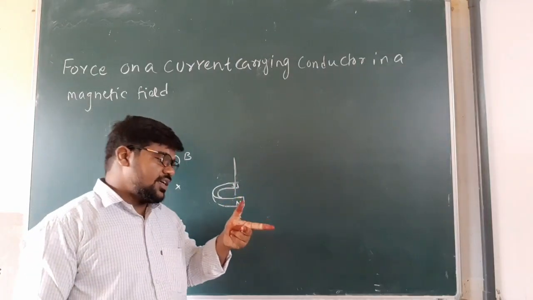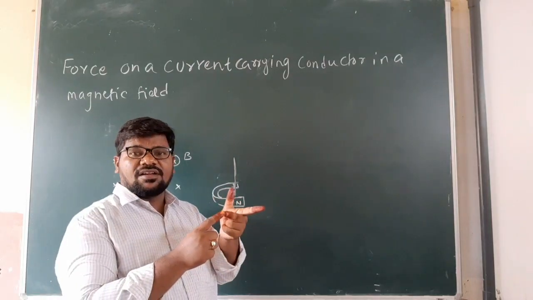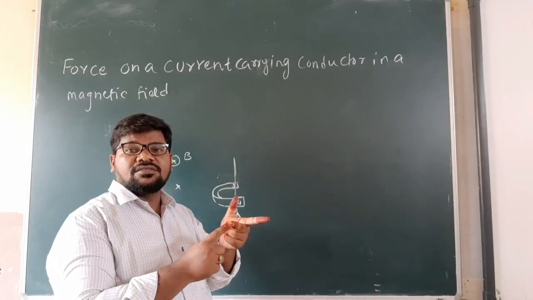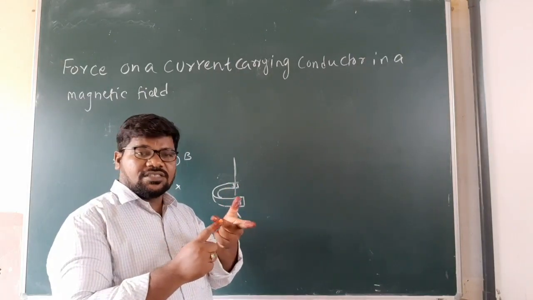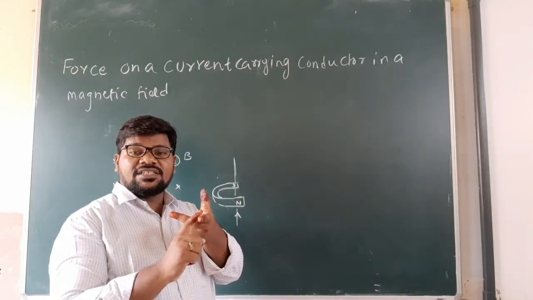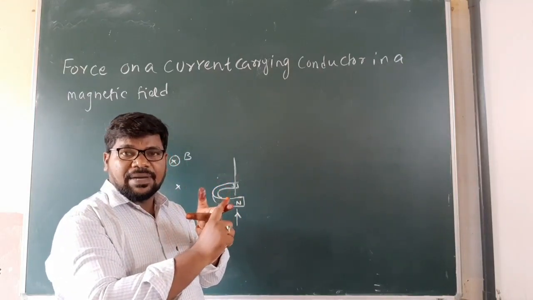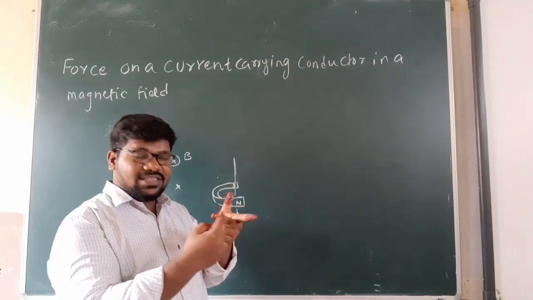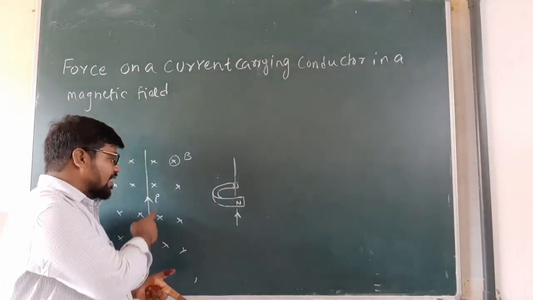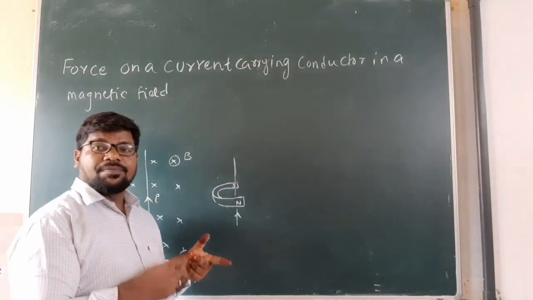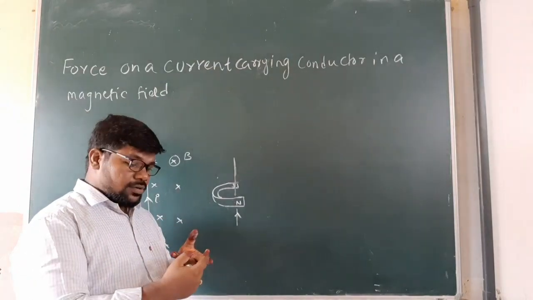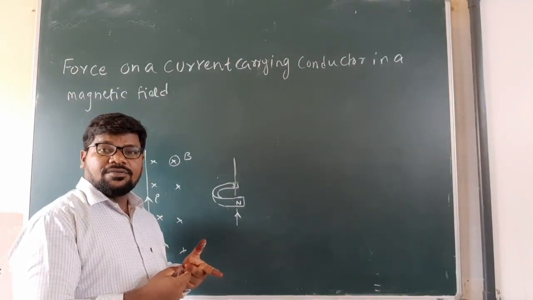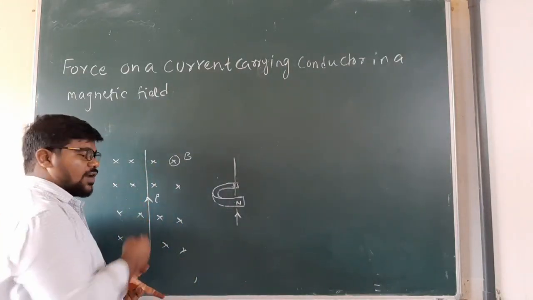The middle finger represents the direction of the current, or the direction of the charge. The forefinger indicates the direction of the magnetic field, when these two are perpendicular to each other, not this finger. When current and magnetic field are perpendicular to each other, a force is generated which acts on the wire.